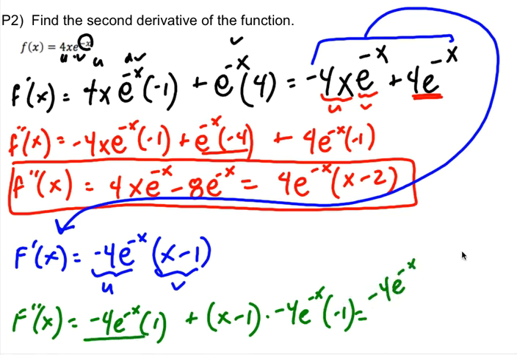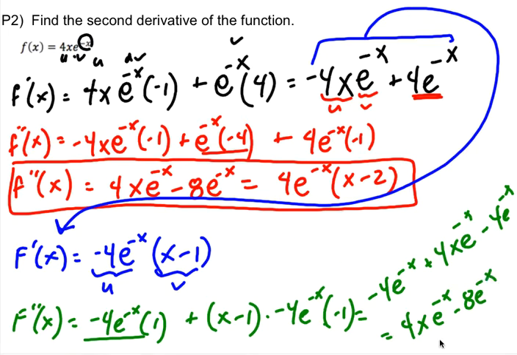And then you're going to end up with a negative 4, or sorry, positive 4 rather, because this is negative times a negative, x e to the negative x, and a negative 4 e to the negative x, which if you clean up is exactly the same answer that we just got. So you'll see that this gets you right to there, and that's fine. So remember that there are often multiple routes to the same answer, and there's nothing wrong with that.